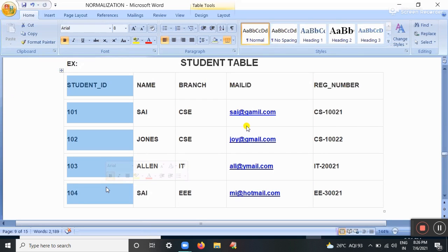Can I say the student ID column is a super key column?